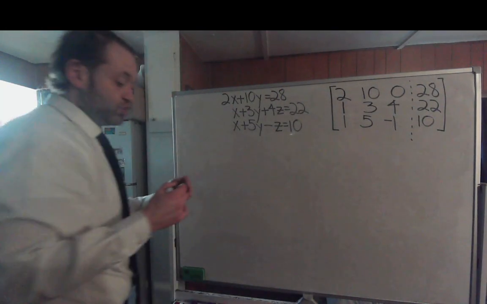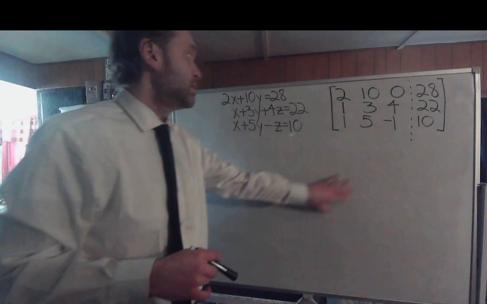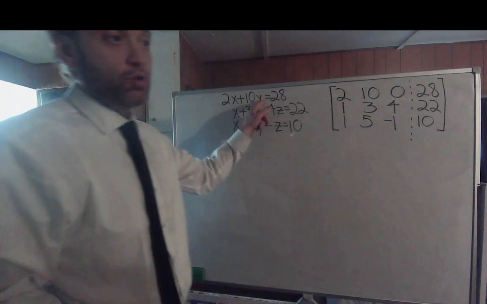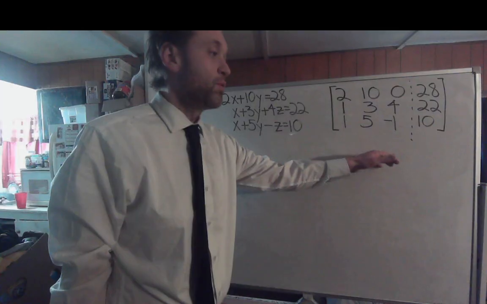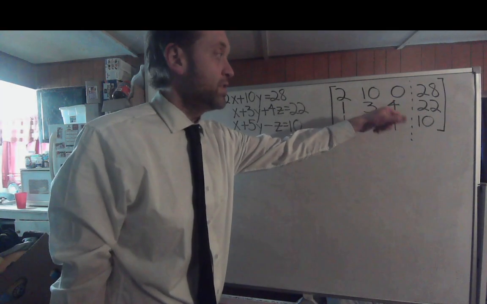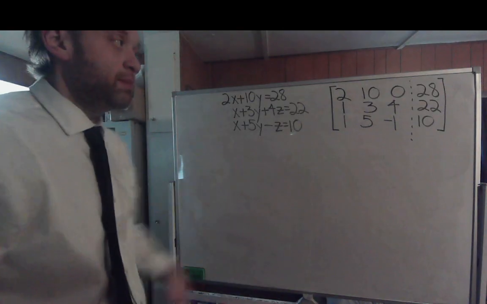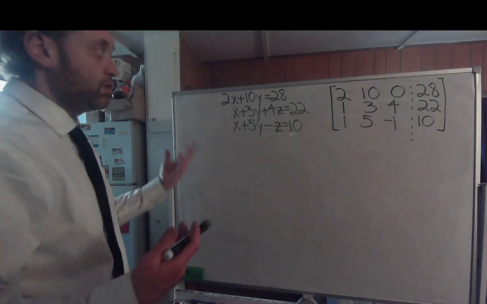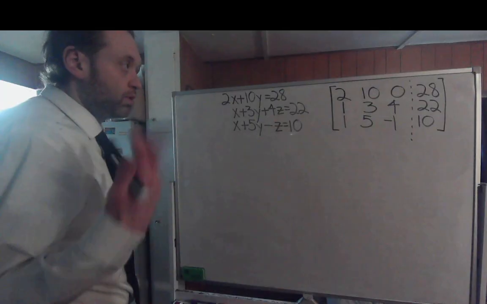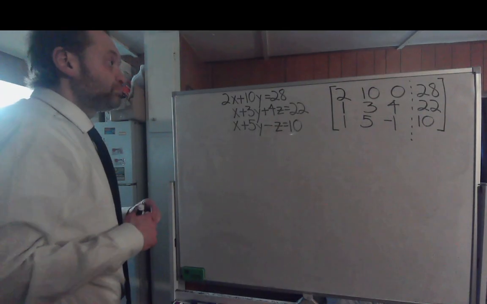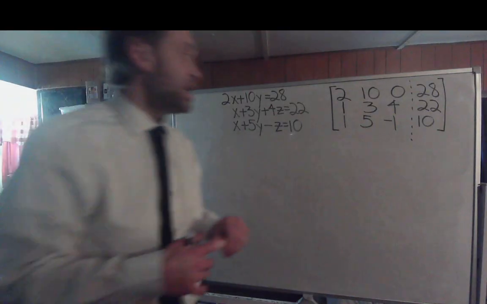So there is your matrix for this system. If you're ever missing a variable, the coefficient on it is always 0. That makes sense. 0 times z is just 0. So that works.